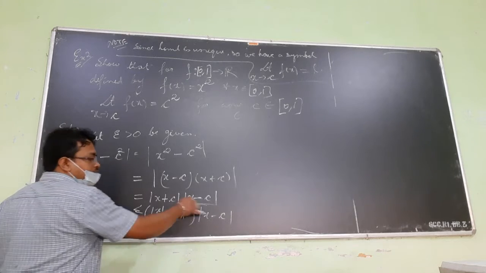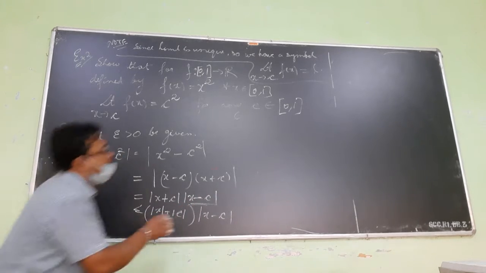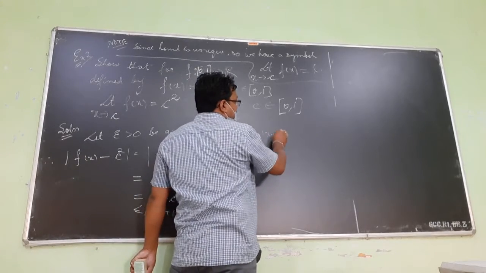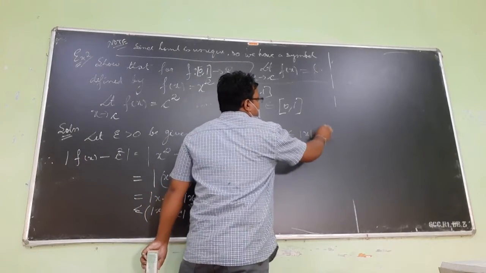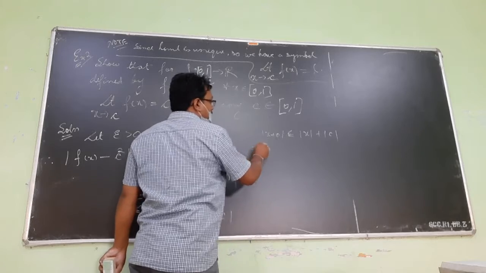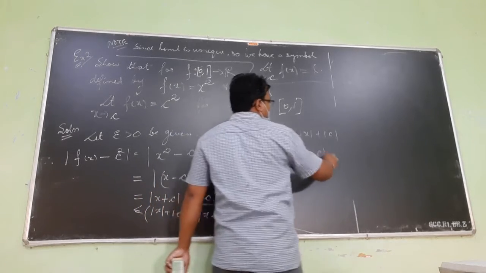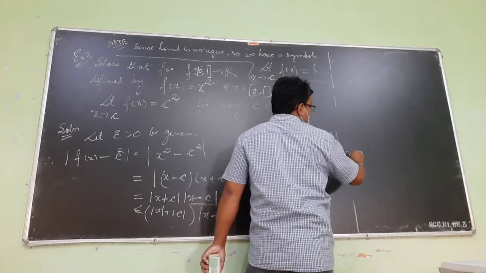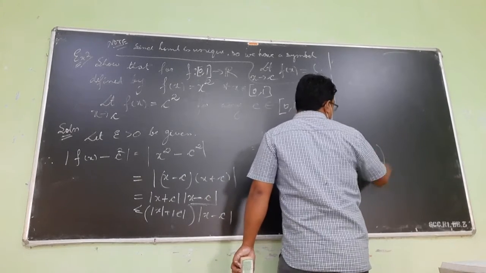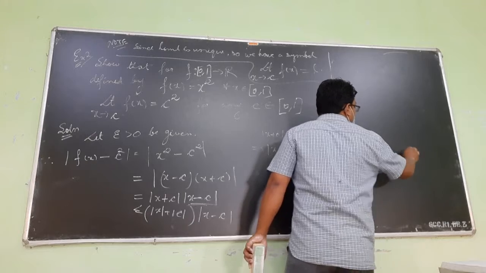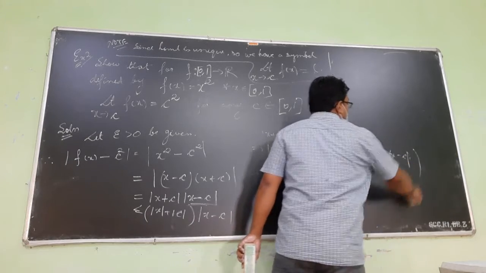Okay. Mod of x plus c is less than or equal to mod x plus mod c. You multiply both sides by the positive quantity mod of x minus c, and the inequality will remain the same. Mod x plus mod c multiplied with mod of x minus c.